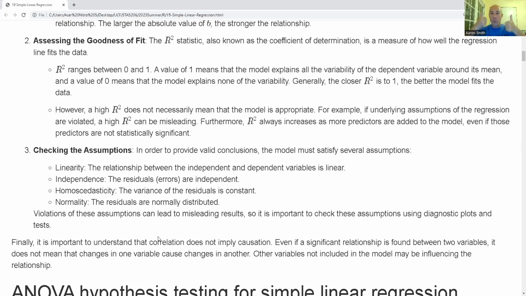And so maybe if we commit more crimes, we could sell more ice cream. If we sold more ice cream, there would be more crimes. They're related to heat. And so because of this aspect, we can see a correlation, or we can see a very good looking linear regression model when we might be prone to reaching an incorrect conclusion.